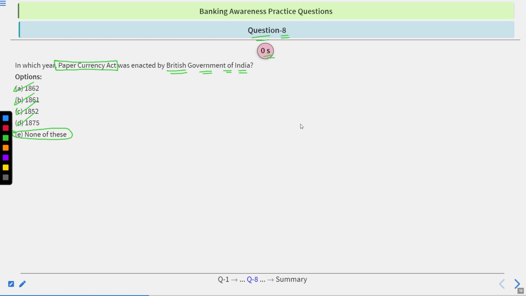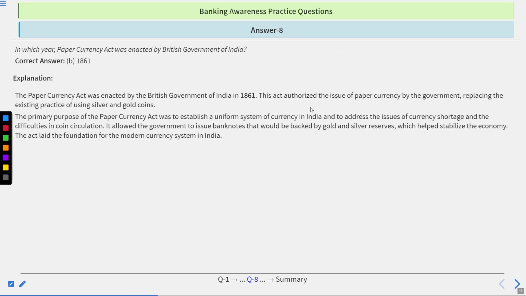Okay, the time's up. The correct answer is 1861. Explanation. The Paper Currency Act was enacted by the British Government of India in 1861. This act authorized the issue of paper currency by the government, replacing the existing practice of using silver and gold coins.